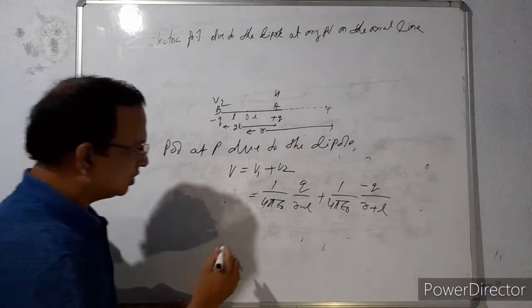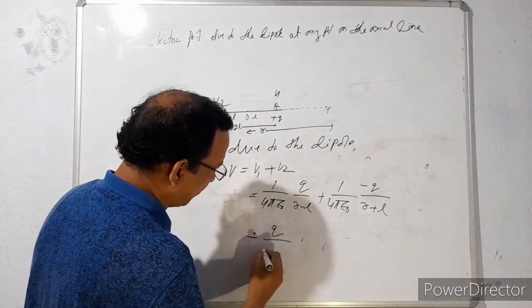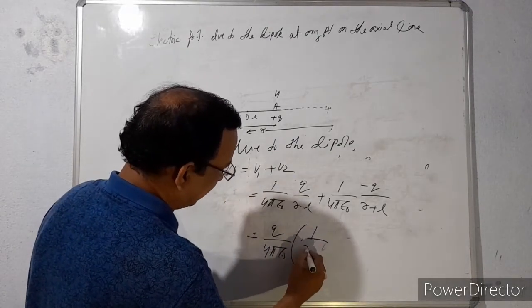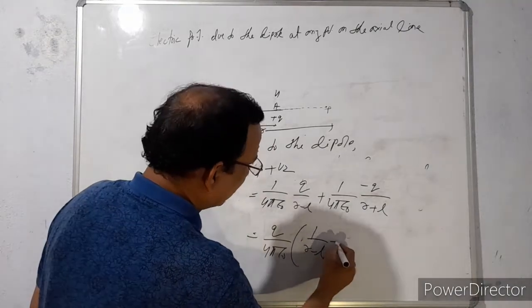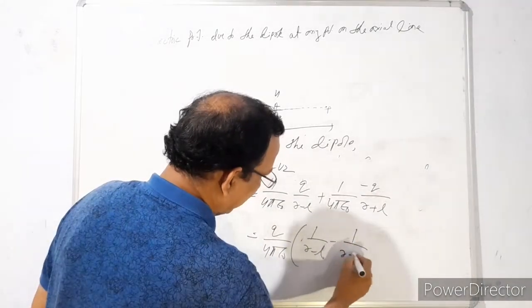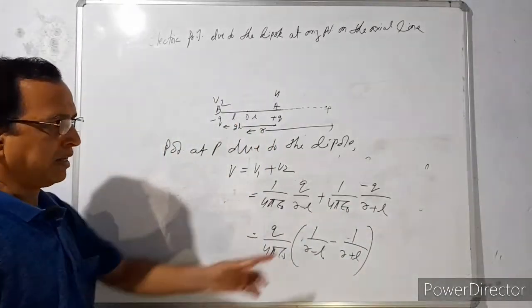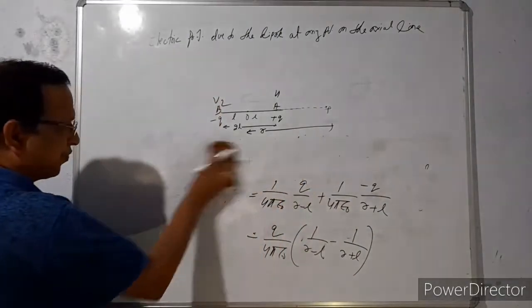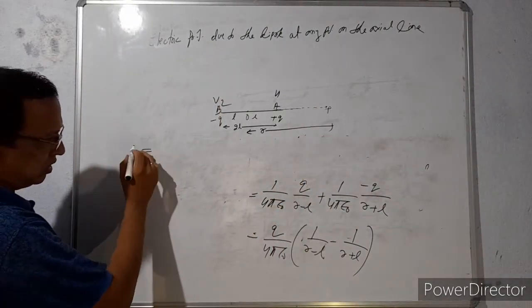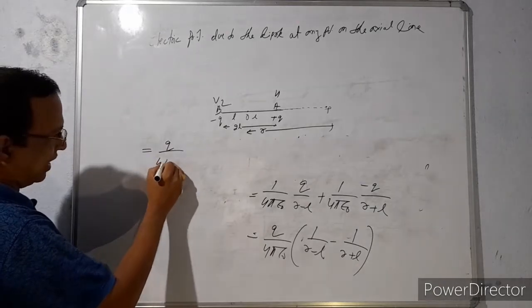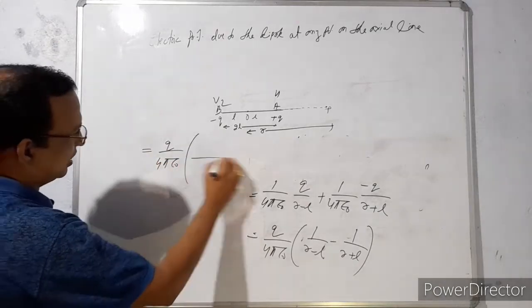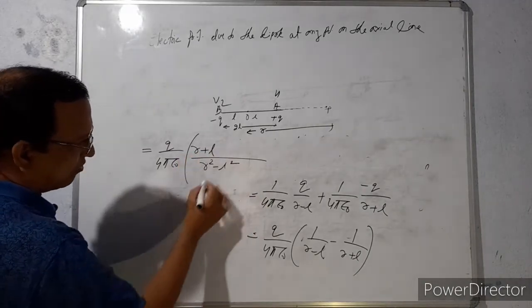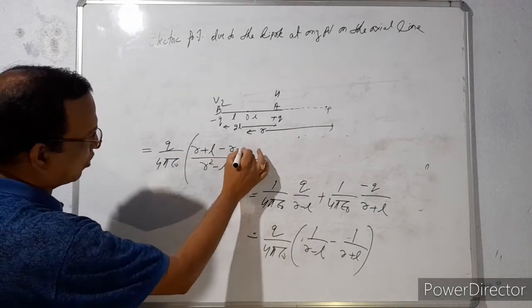So now take Q by 4 pi epsilon naught common, then that is equal to 1 by R minus L minus 1 by R plus L. That is equal to Q by 4 pi epsilon naught times R plus L minus R plus L over R square minus L square.